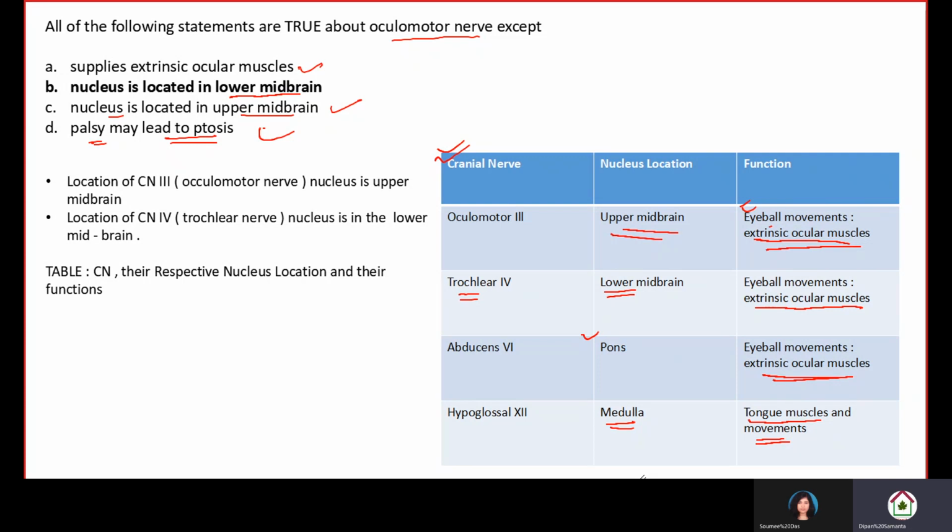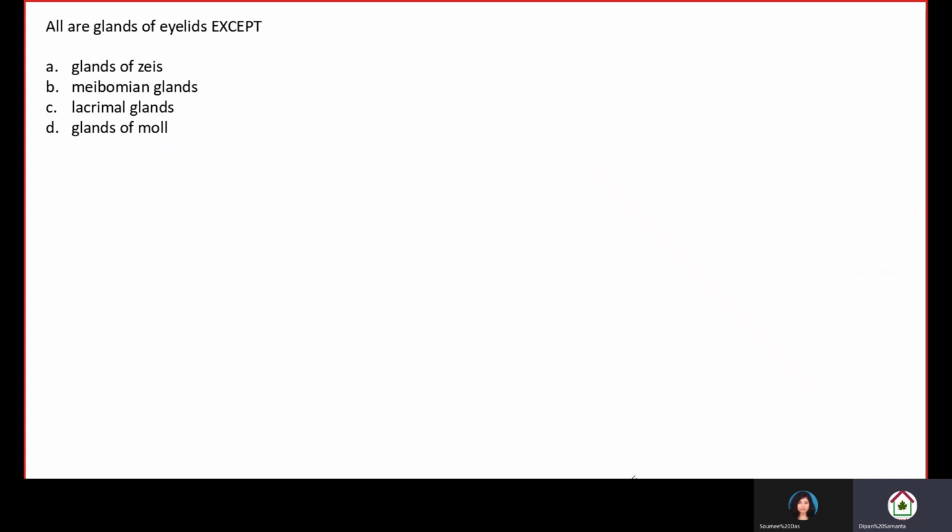Especially we need to remember the oculomotor nerve and trochlear nerve for ophthalmology. Their nuclei are located in the upper midbrain and lower midbrain respectively, and their function is the same: eyeball movements by controlling extrinsic ocular muscles.